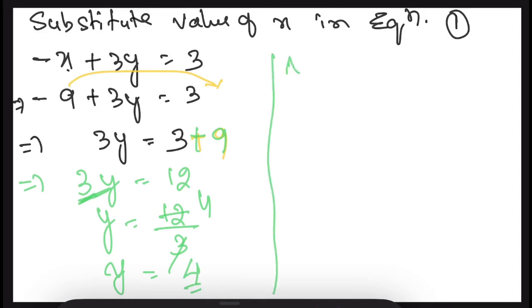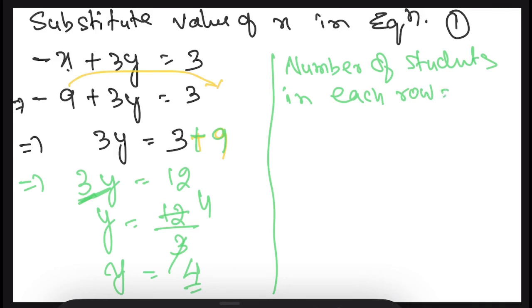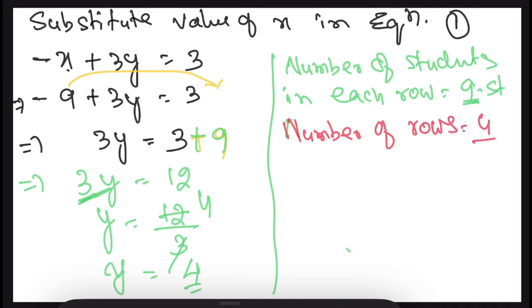But our x is what? X is number of students in each row. X, what came for us? 9 has come. So this is number of students in each row, 9 students. Got it? Now number of rows equals to 4.